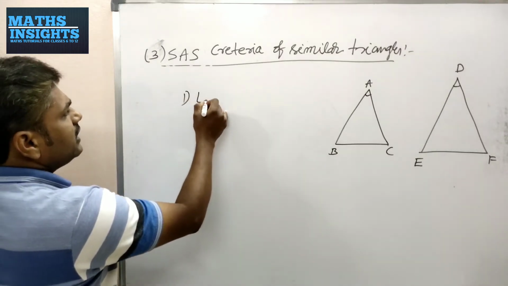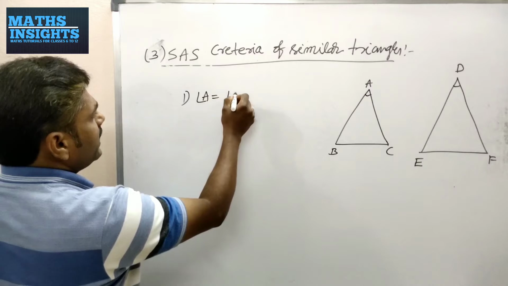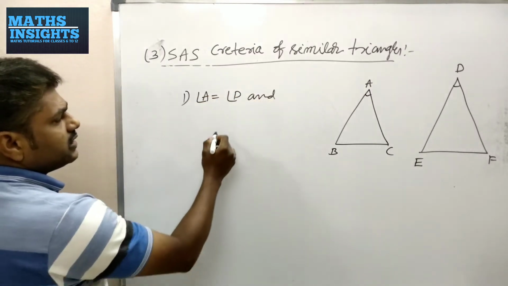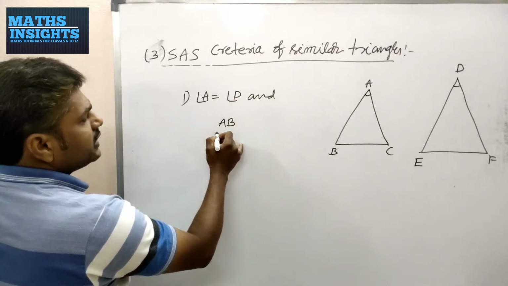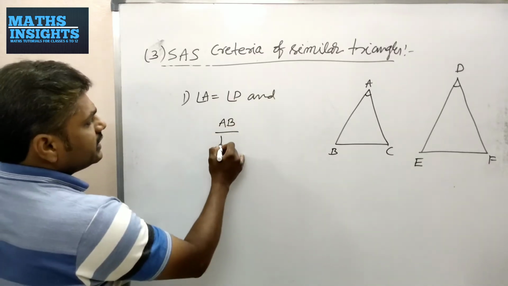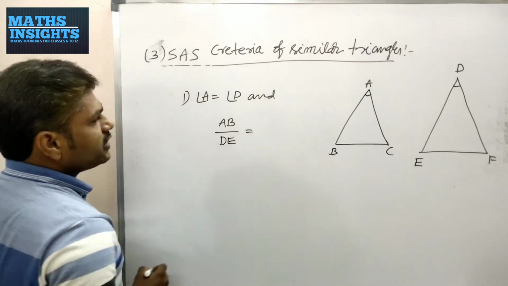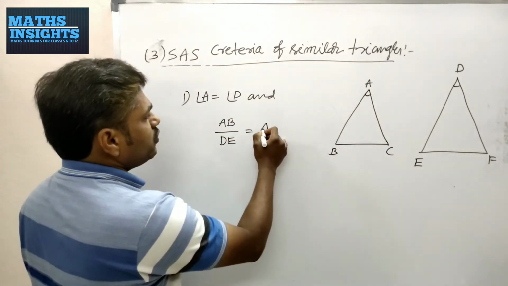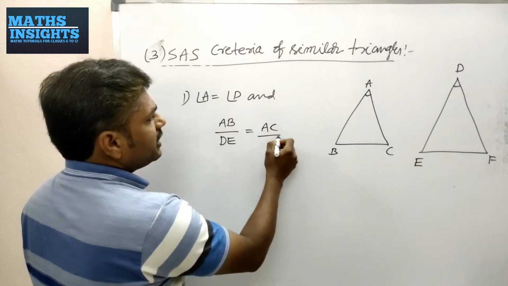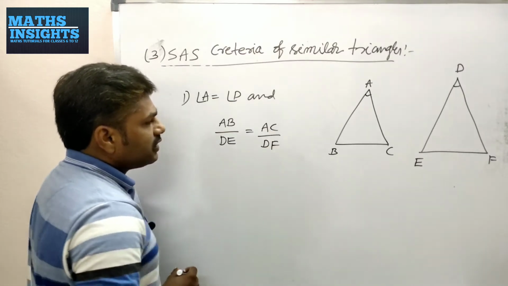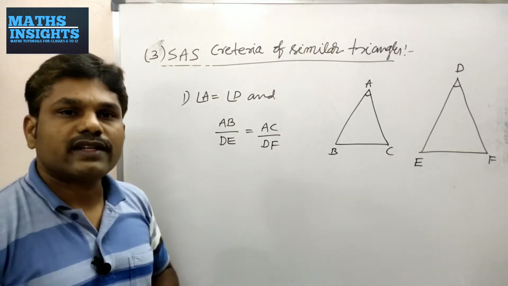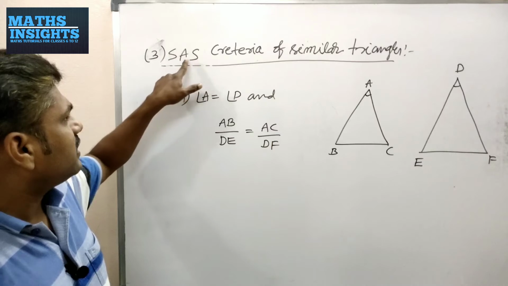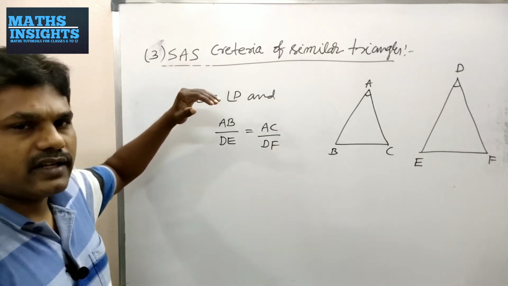Now angle A is equal to, for example, angle D, and AB by DE. These are the sides which include the angle A, and the second ratio of corresponding sides is AC by DF. Then we will say that the two triangles are similar. This is very simple. SAS, angle side side.